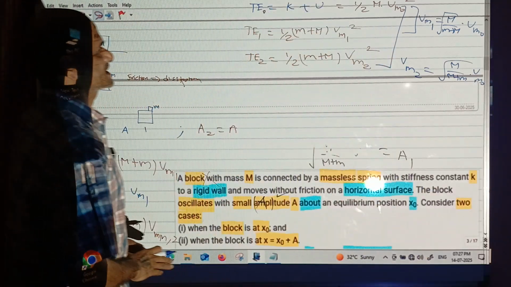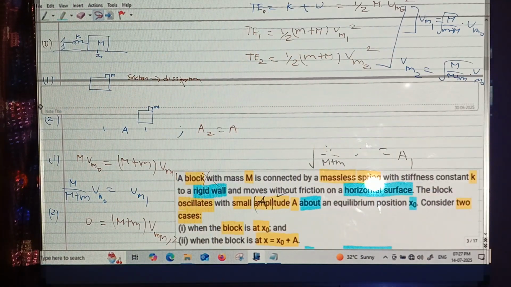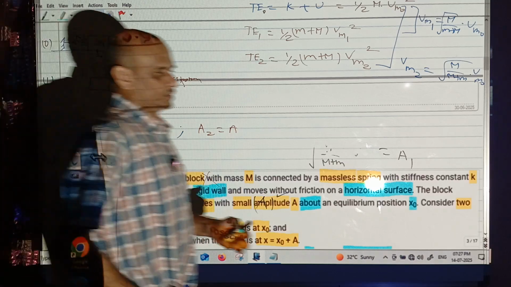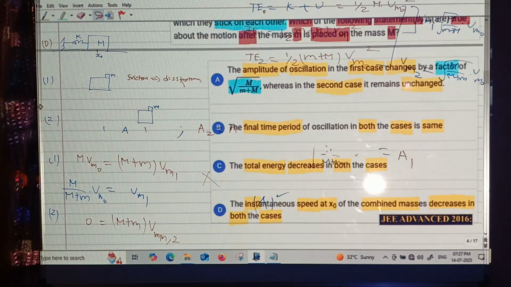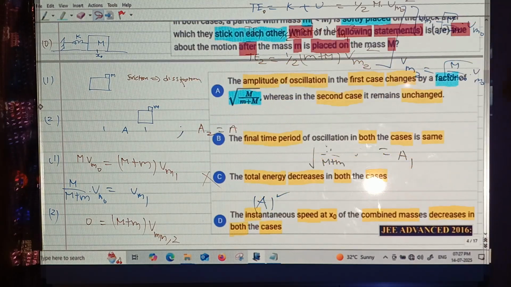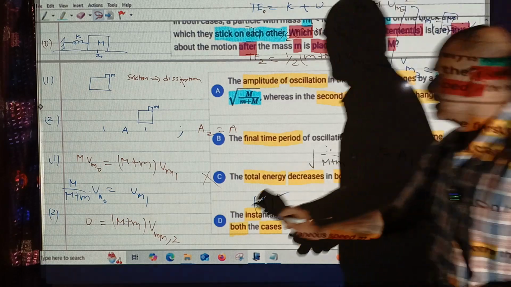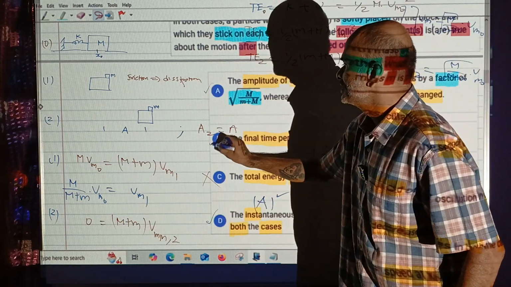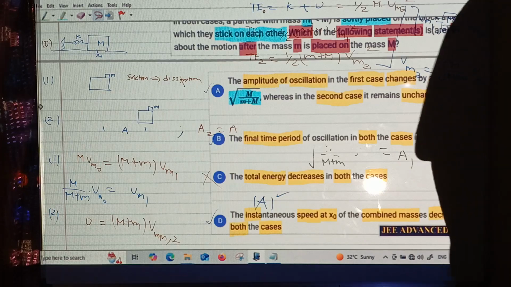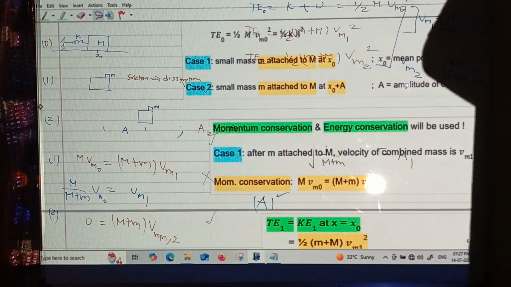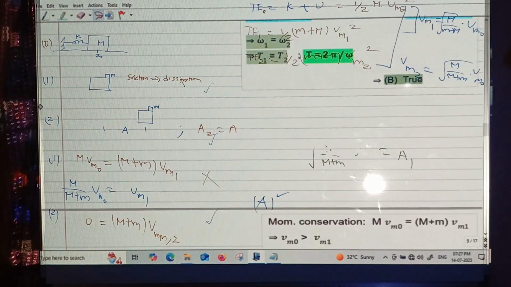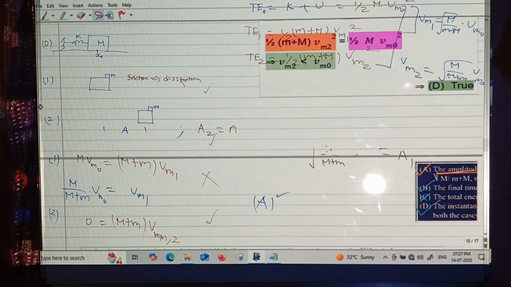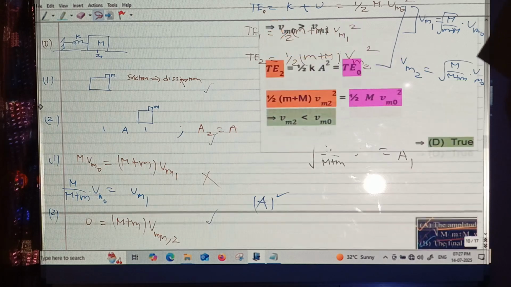So in both the cases, the maximum velocity, that is the velocity at the mean position, has decreased by a factor square root of M by (M plus m). So option D is also true. So D is true, E is true, B is true, C is false. That is the correct answer: only C is false.